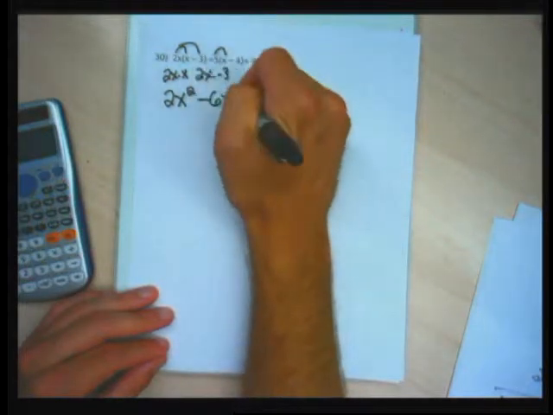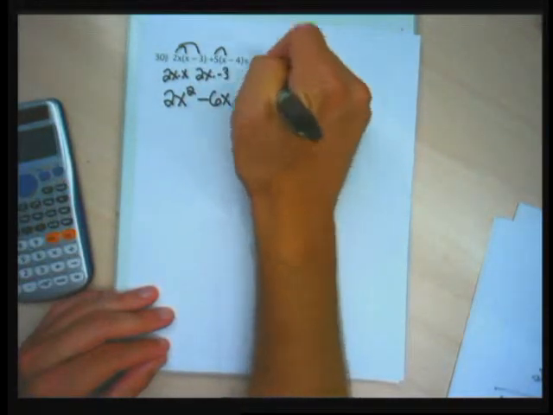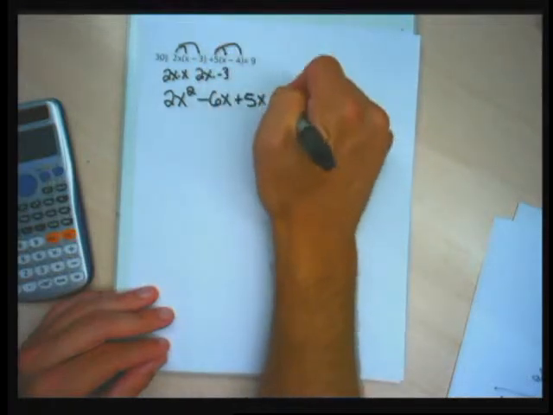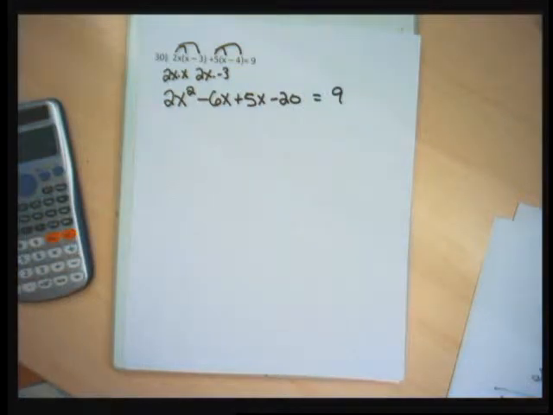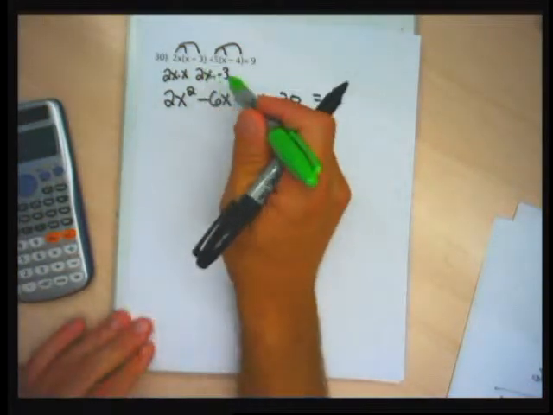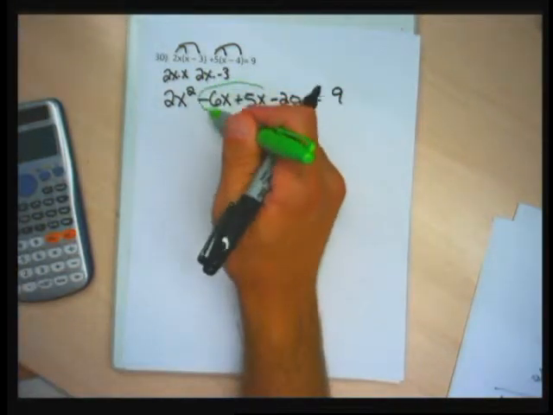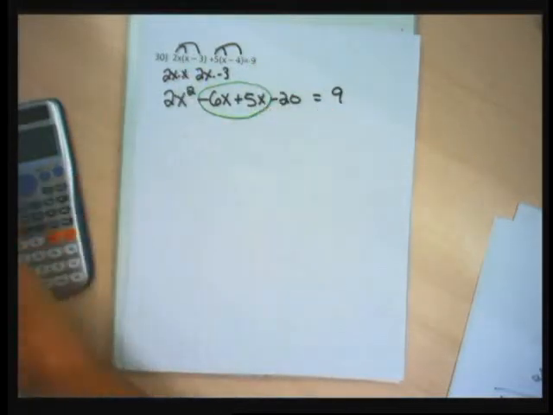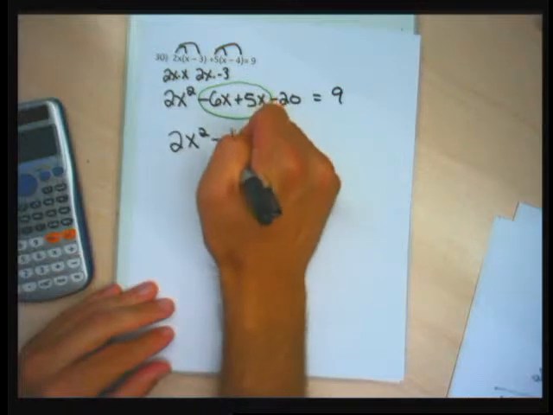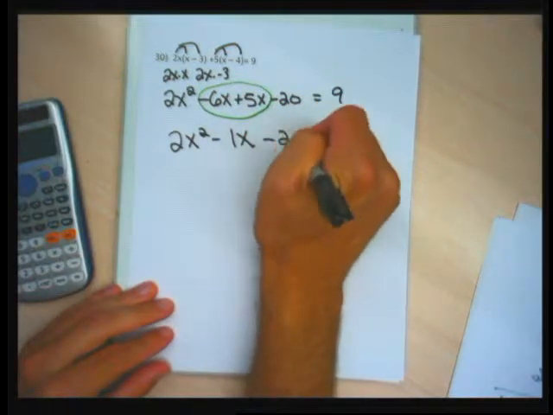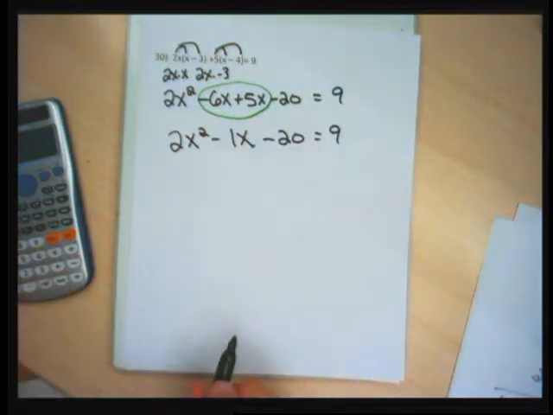Second parentheses, positive 5 times x is positive 5x, positive 5 times minus 4 is minus 20. So, clearing the parentheses on the left side, I get 2x squared minus 6x plus 5x minus 20. Those minus 6x and positive 5x combine to be a minus 1x. You don't need to write the 1, but it might help.